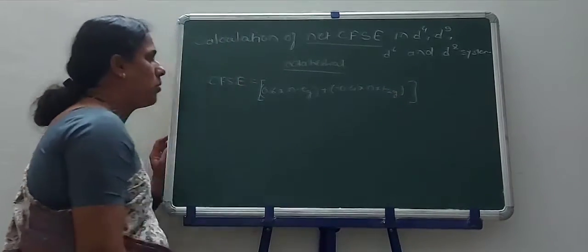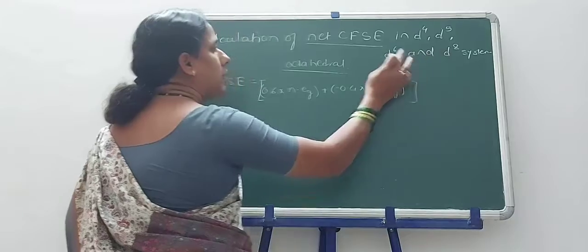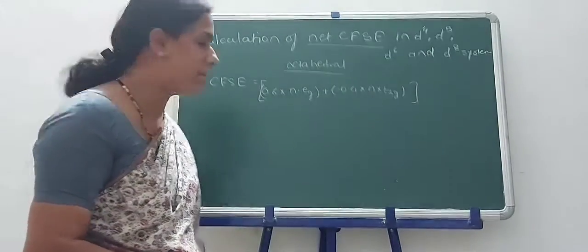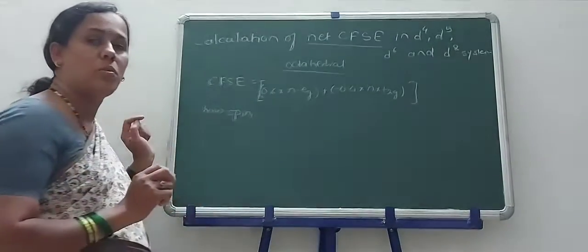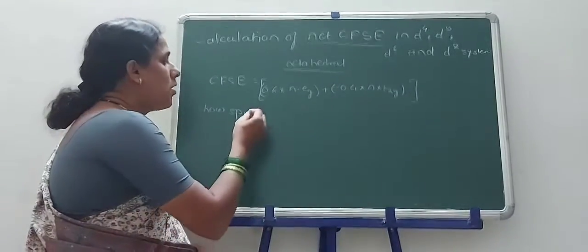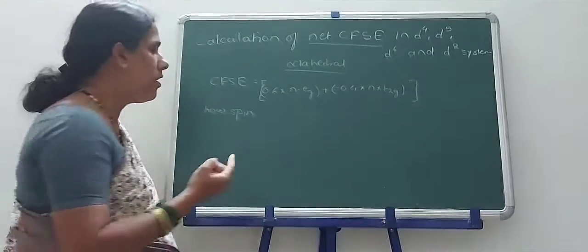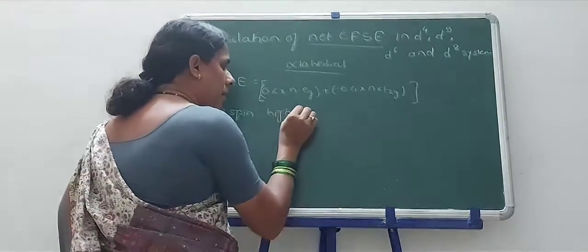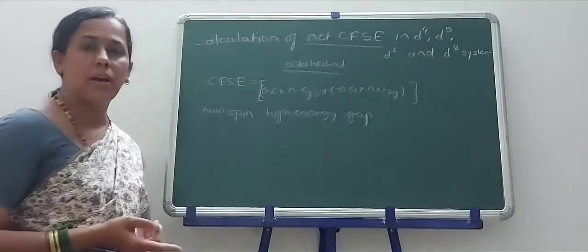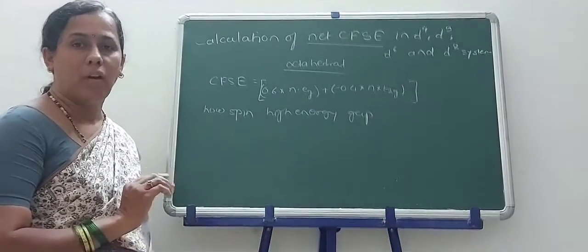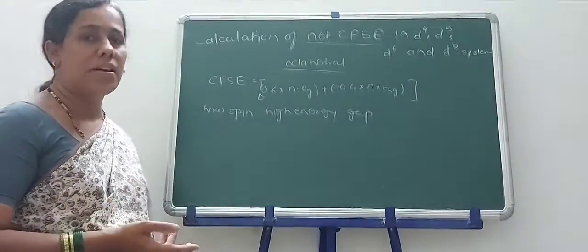Now, what is meant by net CFSE? When electrons enter d4, d5, d6, d7 or d8 in the case of a low spin complex, then according to Hund's rule of maximum multiplicity, instead of going from the lower state to the higher state, that is from the T2g level to the Eg level, due to the high energy gap, the electron can pair with the remaining T2g orbitals with extra energy, and that energy is called pairing energy.